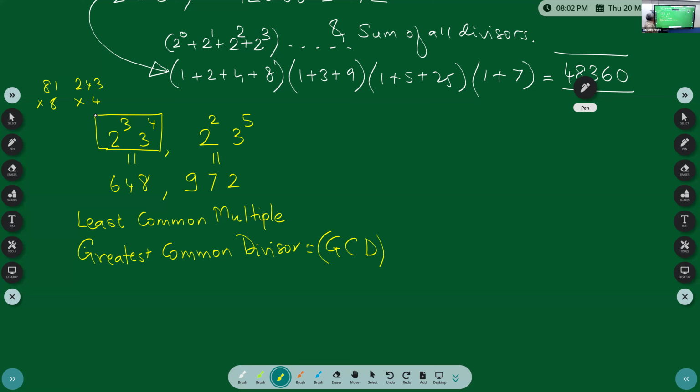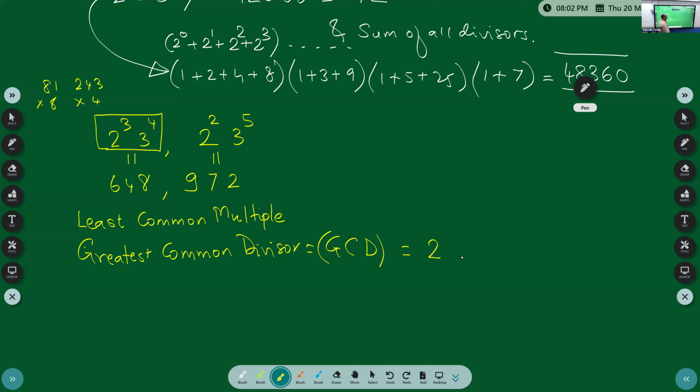And all the indices of the divisors begin from 0 and stop at the index of that prime factor. So, as far as now we are finding out GCD, let me write down GCD's prime factorization also will be having same primes.